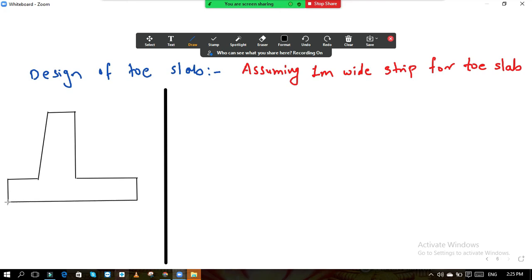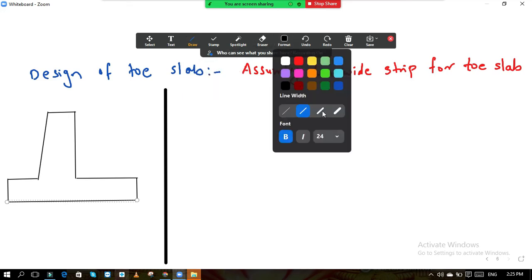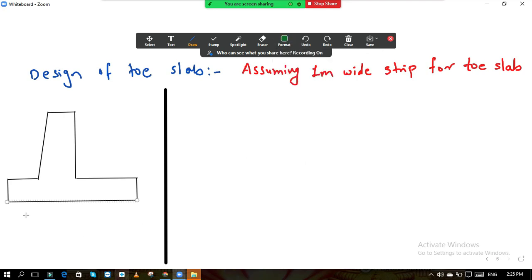Now I will show the soil pressure below this. For showing the soil pressure, this is the baseline. Now we will see the maximum and the minimum soil pressure, what we have calculated.